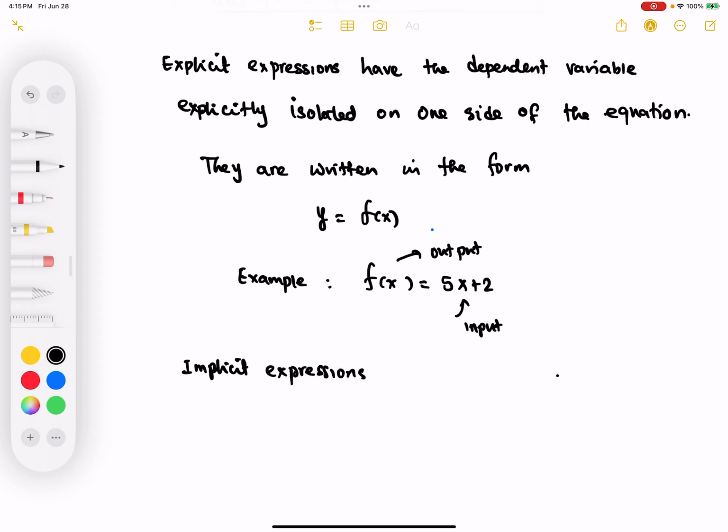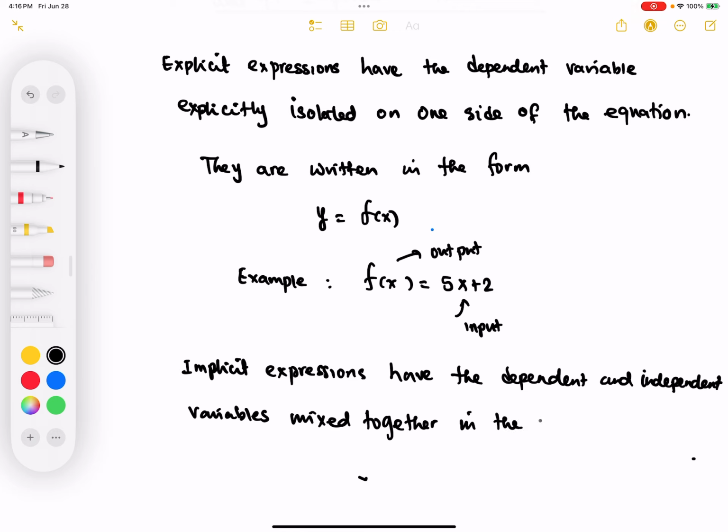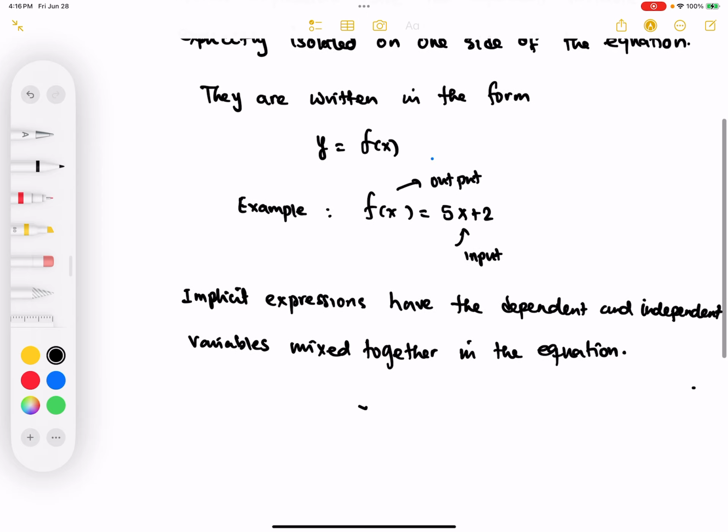Those expressions have the dependent and independent variables mixed together in the equation, so that we cannot isolate y in terms of x.